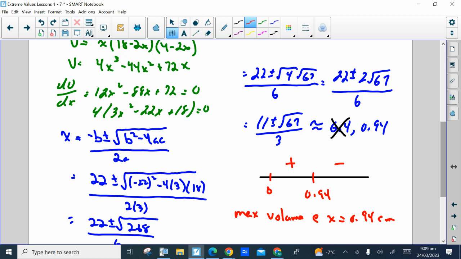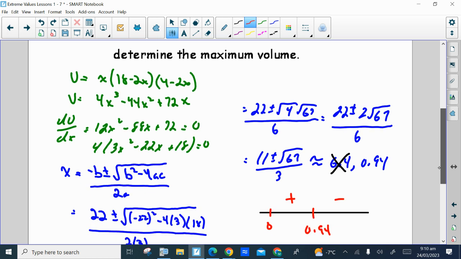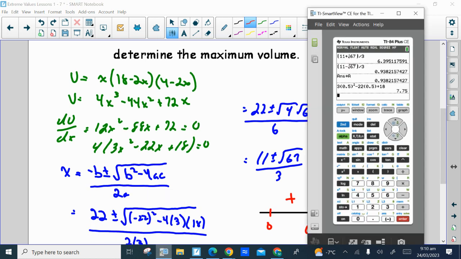And we can find out what that maximum volume is by taking my answer of 0.94 and plugging it into my volume formula. So this is why I saved that number into memory slot A. Our volume is 4 times A cubed, minus 44 times A all squared, plus 72A.